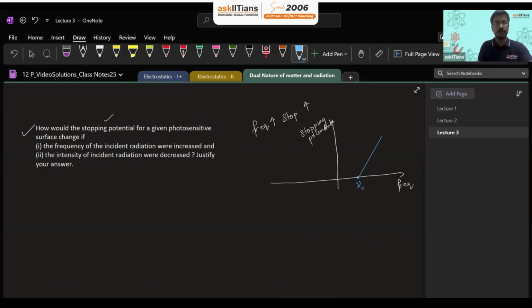So you can write it like this. As the frequency of incident radiation is increased, the kinetic energy of the emitted photoelectrons also increases.